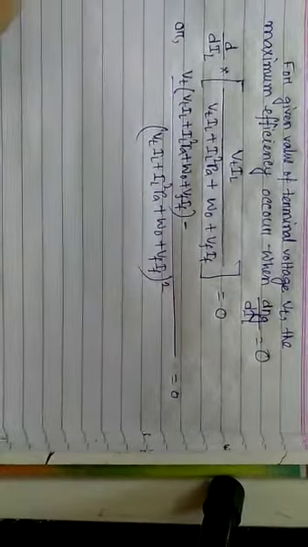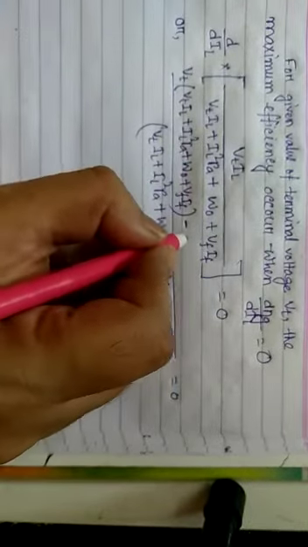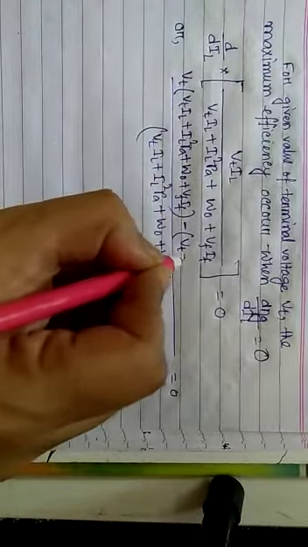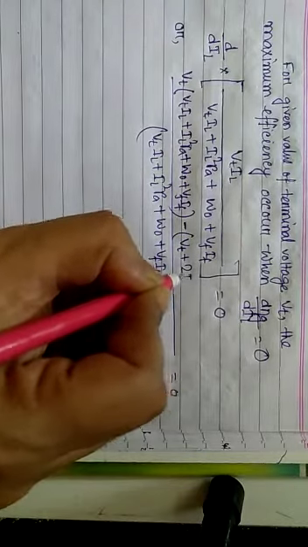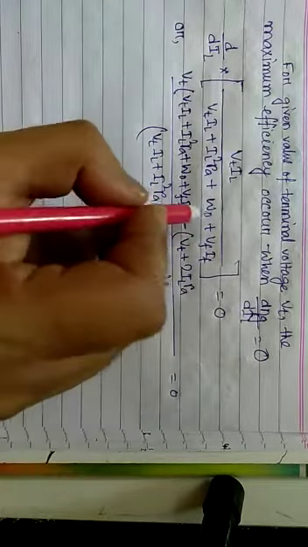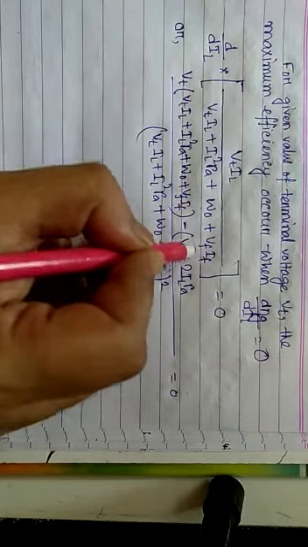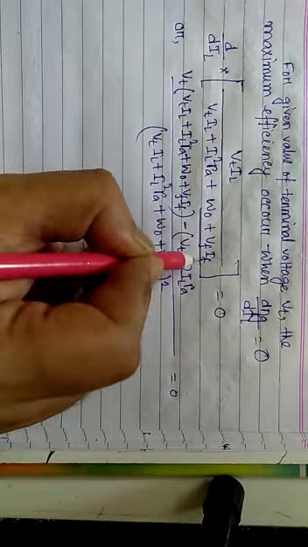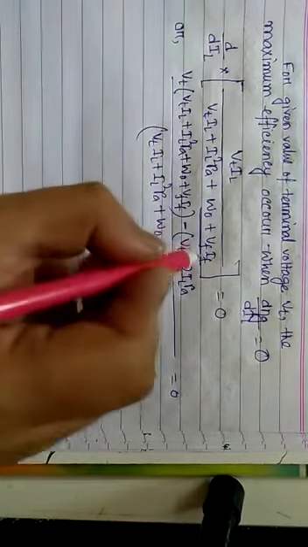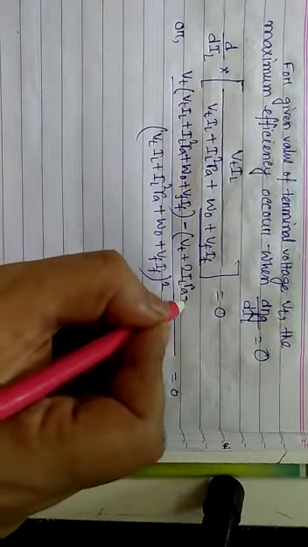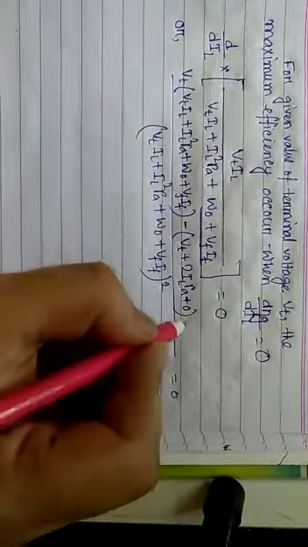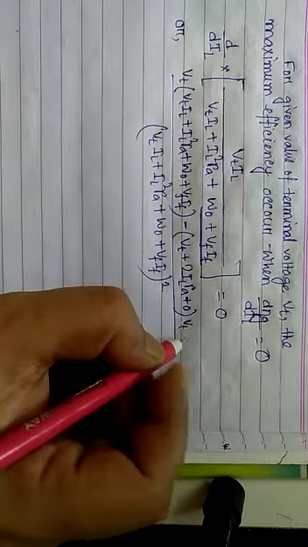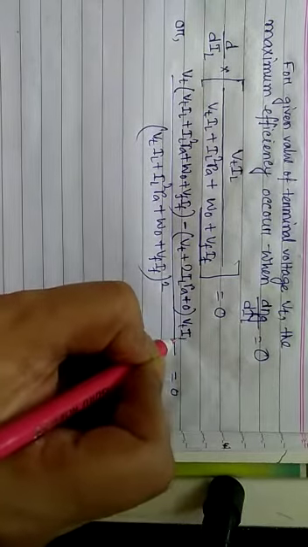Now, second term derivative, first term unchanged: Vt, only Vt, into 2 IL Ra, and W0 plus Vf If is your constant loss. The derivative of a constant is equal to 0, and the first term unchanged means Vt into IL.